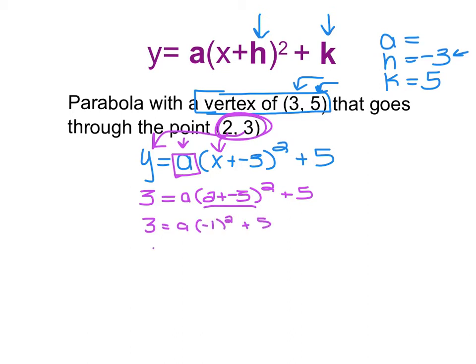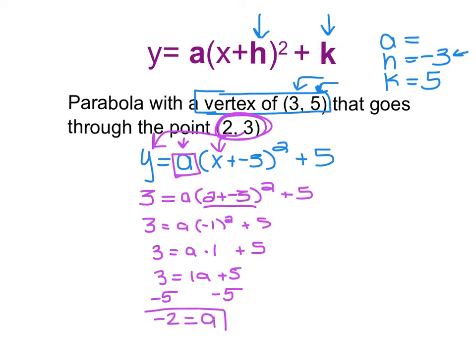I can then square that, so this is really A times 1. So I really have 3 equals 1A plus 5. And then if I want to get the A alone, all I need to do is subtract 5 from both sides. So I find that A is really equal to -2. So the A value of -2 is what makes that extra point of (2, 3) work.